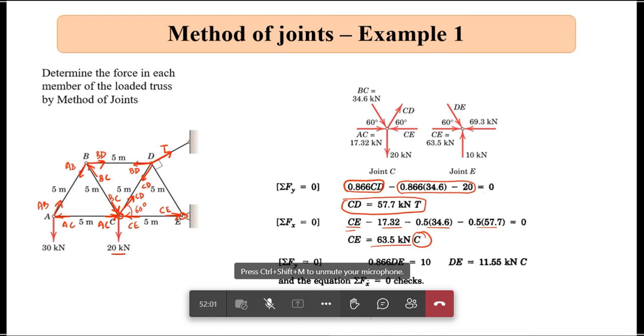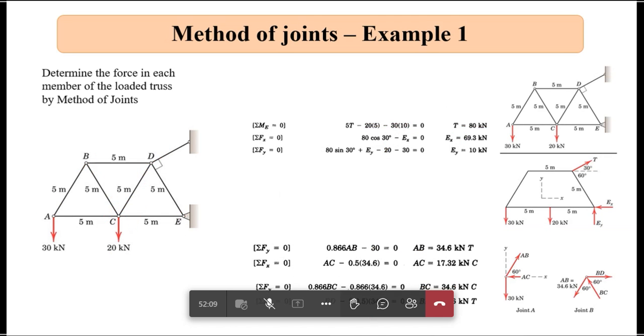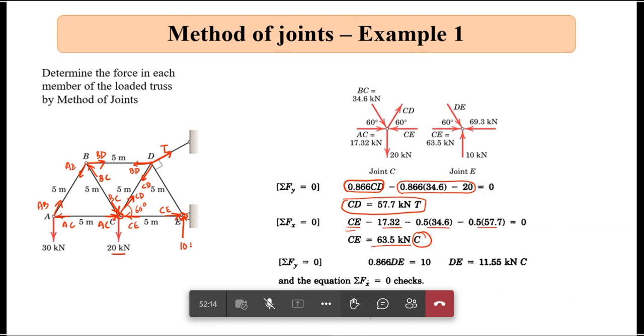Now when I come to joint E, this is my reaction. What was EY? Equal to 10 kilonewton. So this is 10 kilonewton reaction force. This is CE. Say DE acts in this direction.